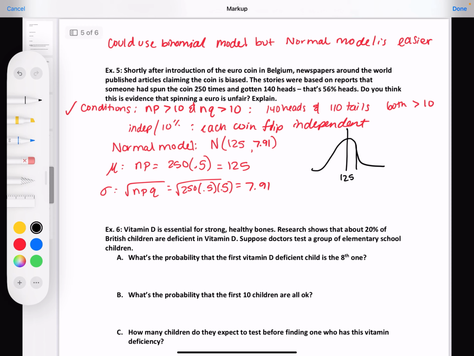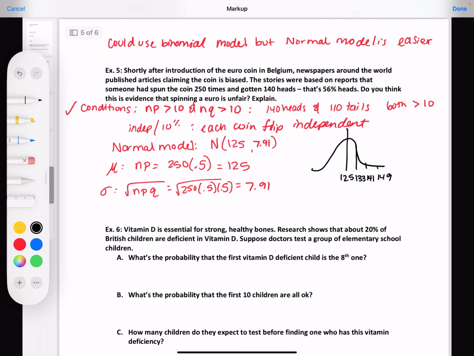Adding 8 to it gives me 133, 141, and 149, something like that. So it's getting closer out to 2 standard deviations. If we're just looking at it visually, we can say it's technically within 2 standard deviations, so we wouldn't say it's unusual. So that's one way to look at it.